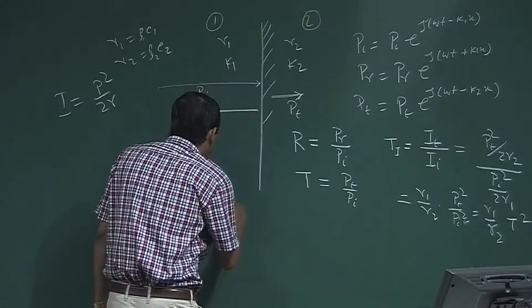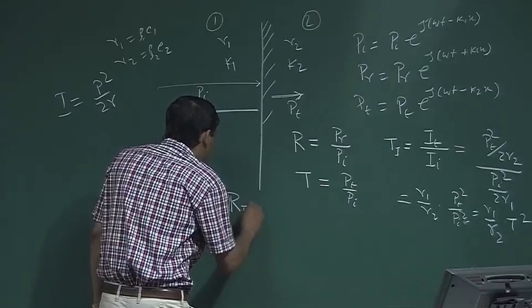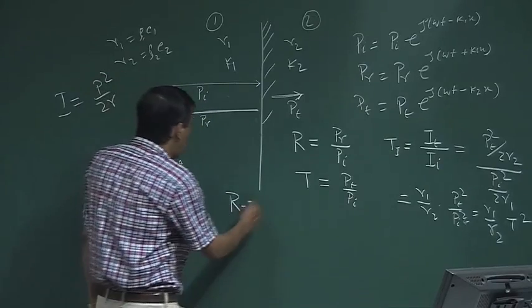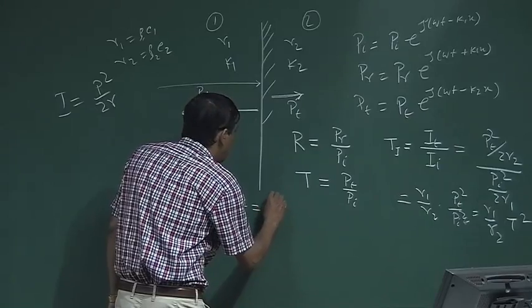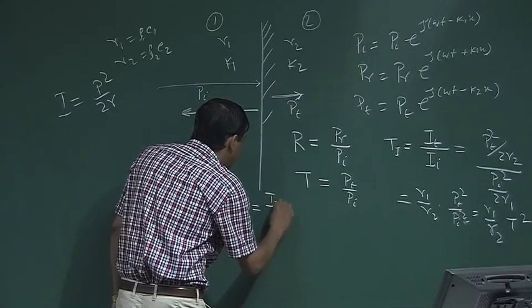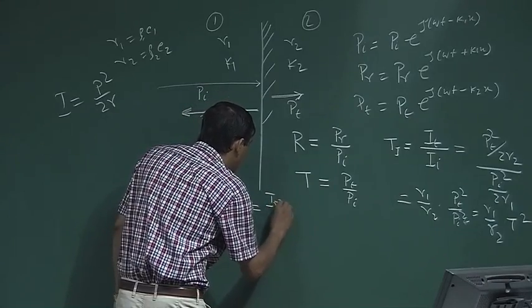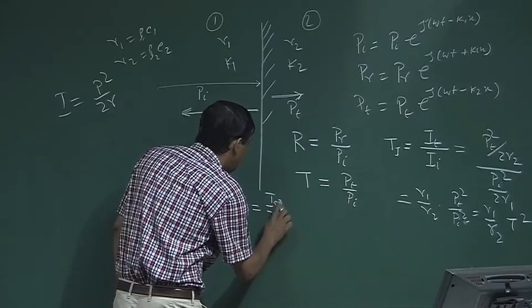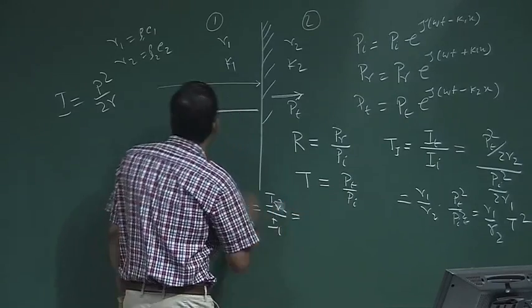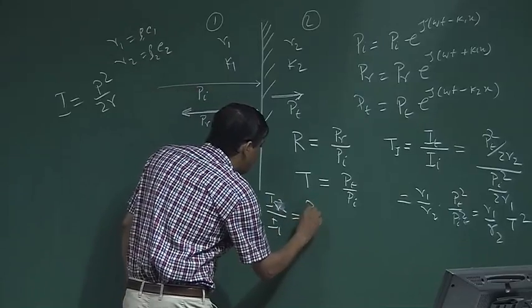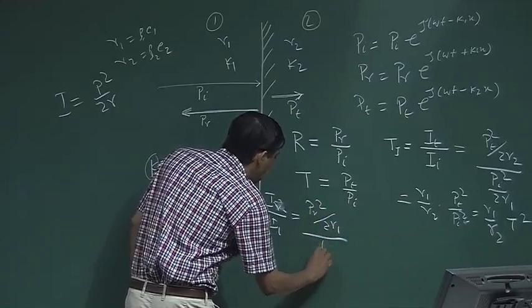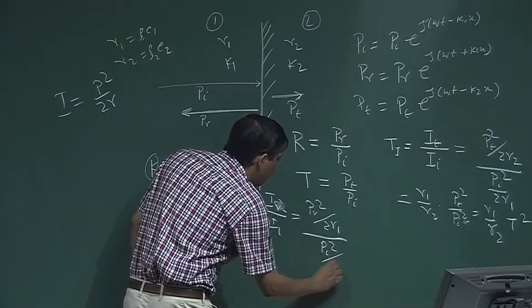Similarly, what is the reflected intensity coefficient? Ri is IR divided by II. IR is PR square divided by 2r1, and II is Pi square divided by 2r1.